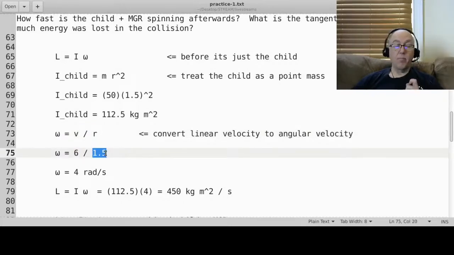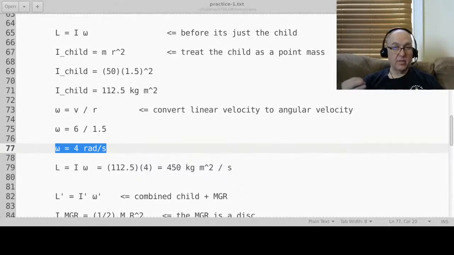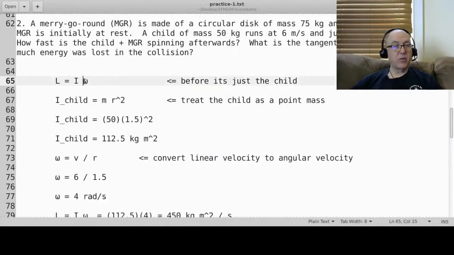R is 1.5 meters, the child grabbing onto the end of the merry-go-round. And 6 divided by 1.5, that's going to be 4. So the angular velocity of the child, just as they're about to grab onto the end of the merry-go-round, is 4 radians per second. So that's this one here.